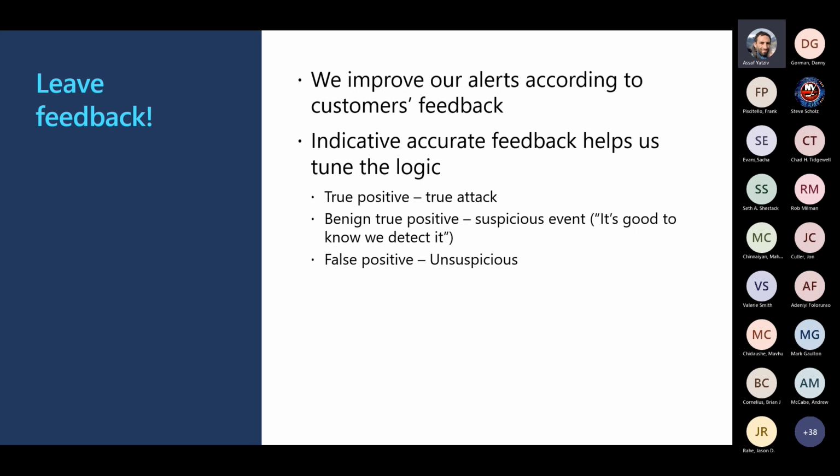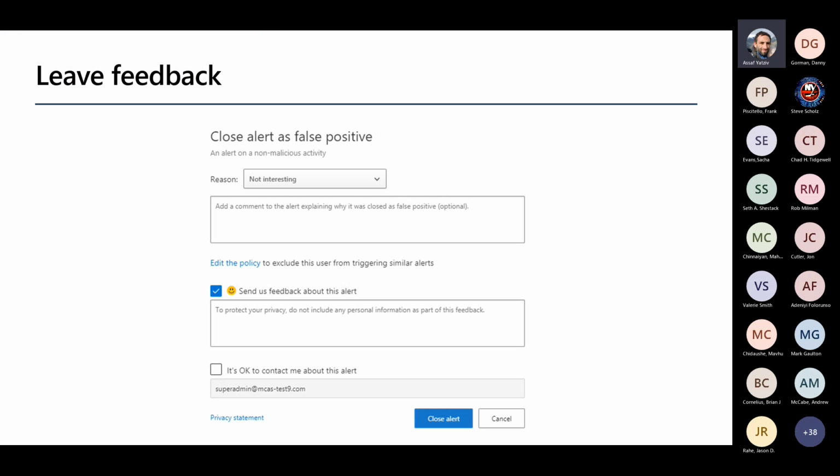Yeah, I checked it. It's not a real attack, but it's good to know that something like this happened. And if it's not suspicious at all, just mark it as false positive. I hope you're familiar with that, but this is how you leave feedback when you close the alert.